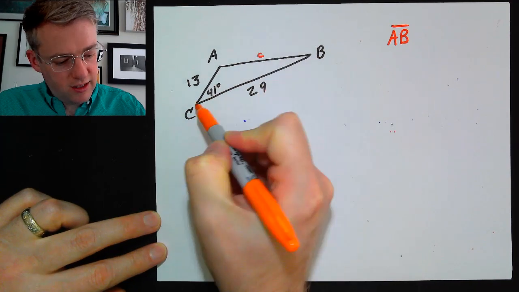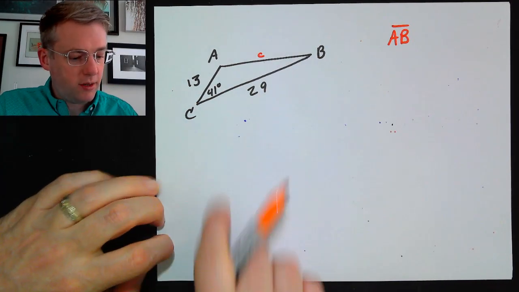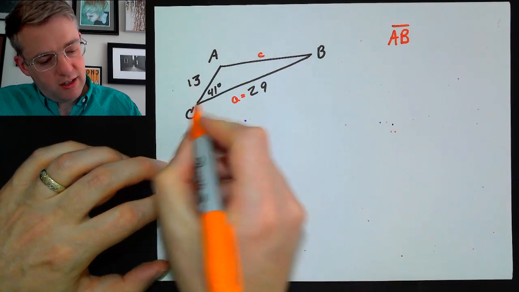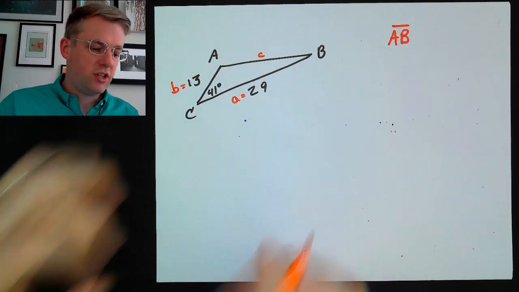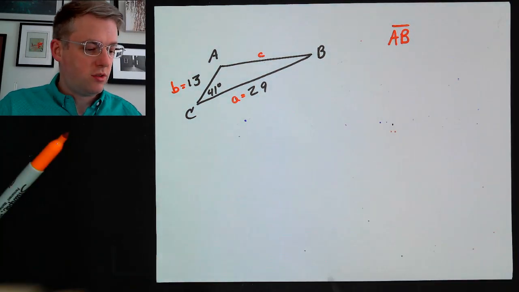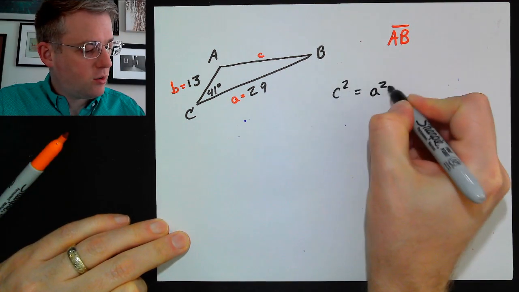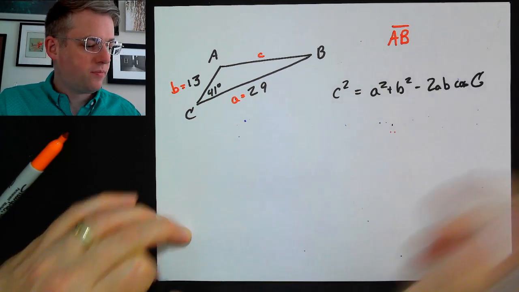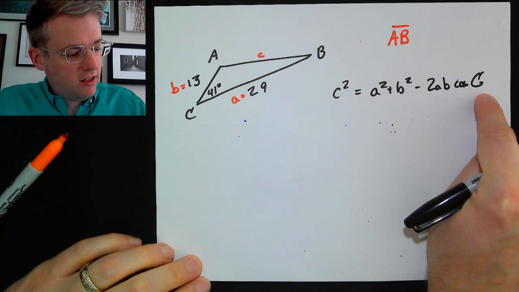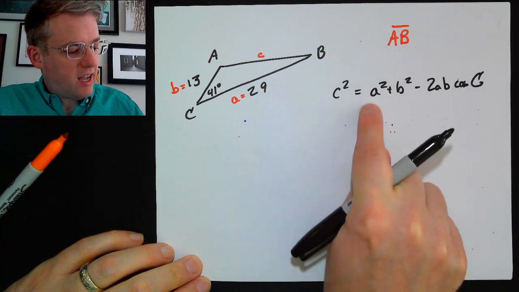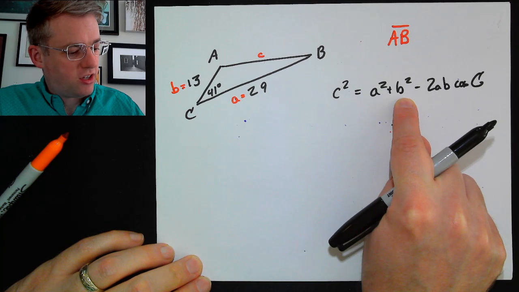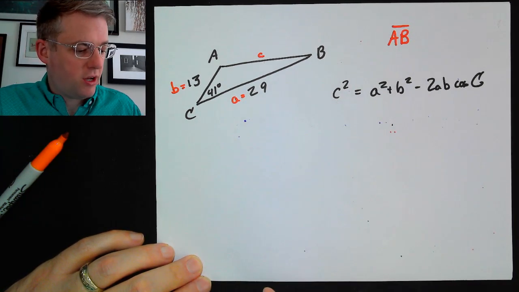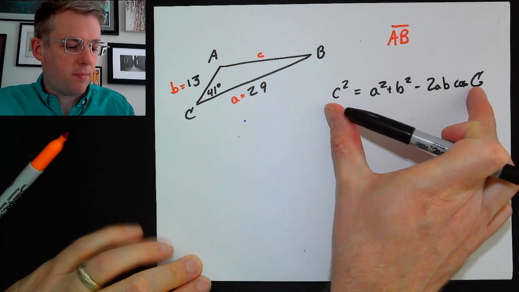We could call it side little c across from angle big C. And so we've got little a is 29, little b is 13, and we can just put it right into the law of cosines. c squared equals a squared plus b squared minus 2ab cosine C. Remember, the only angle is inside the cosine, and the sides are the two legs that are next to the angle, and c has to be across from our angle. That's why we have that matched up.